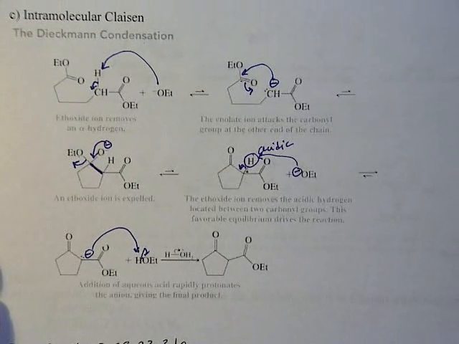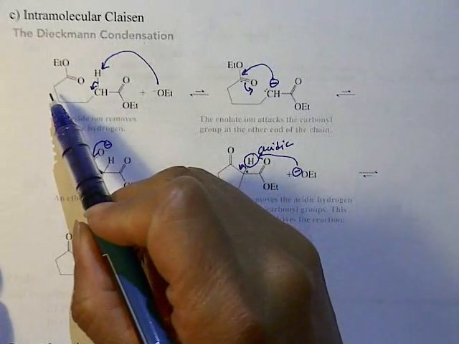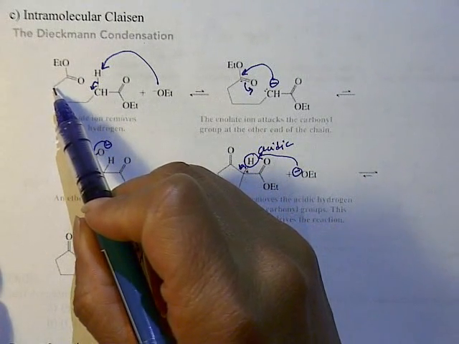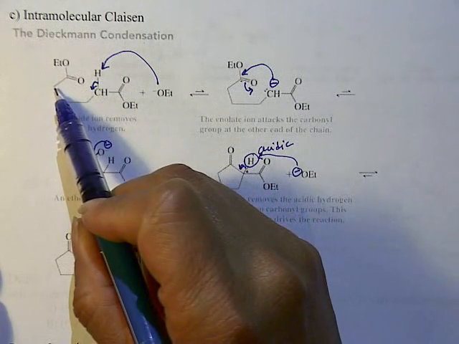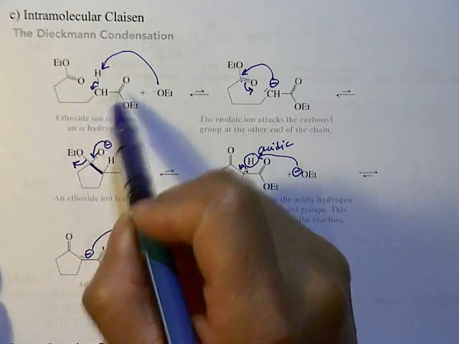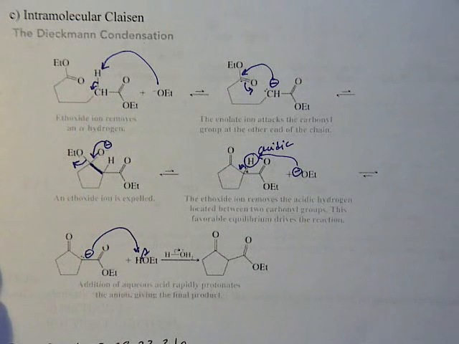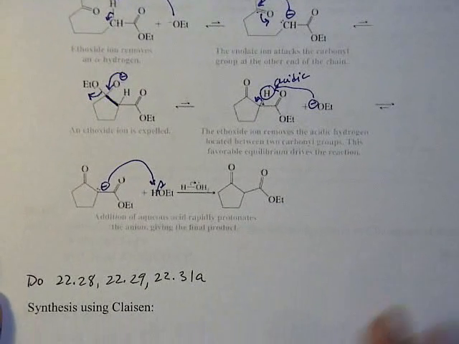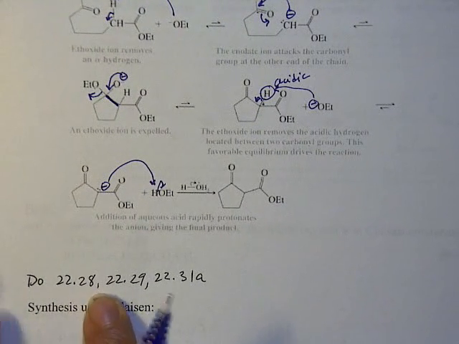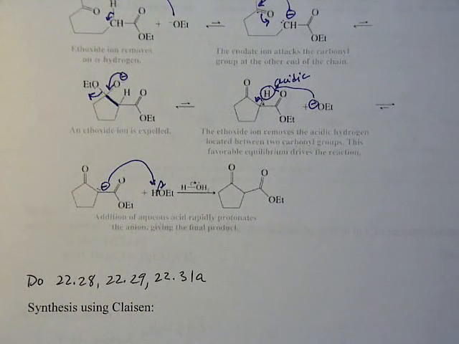So you could try to do this with deprotonating here and then reacting here. That would give a 1, 2, 3, 4, 5 member ring, which would be the same product as what you see, right? So at this point, you should be able to do 22.28, 22.29, and 22.31A.